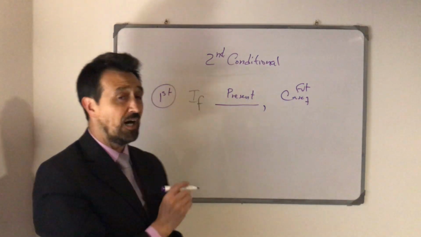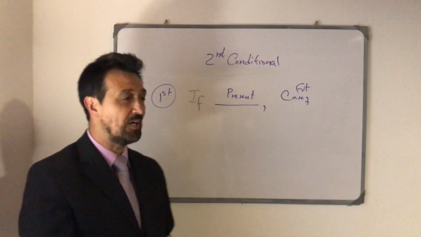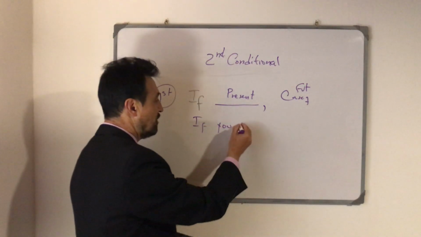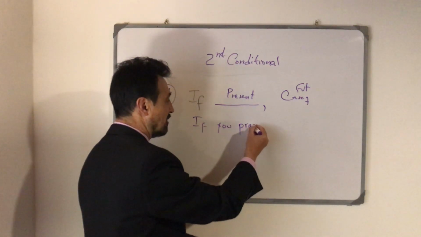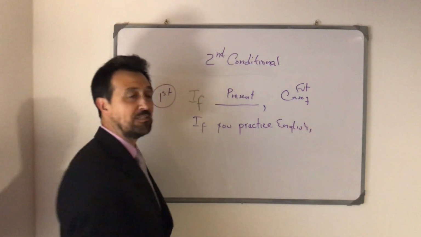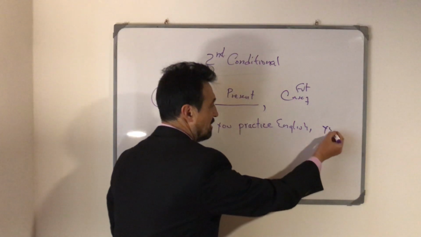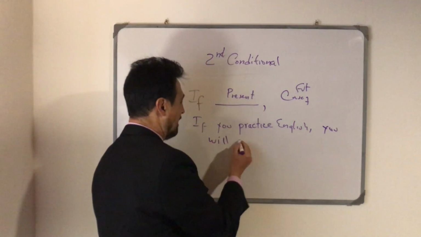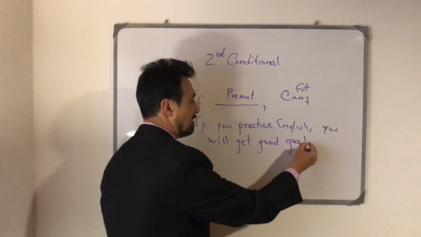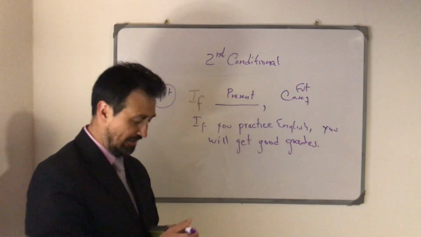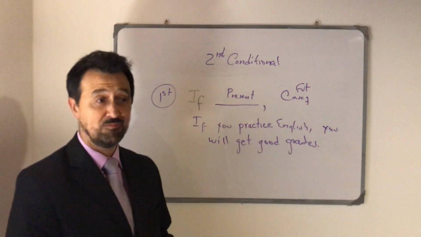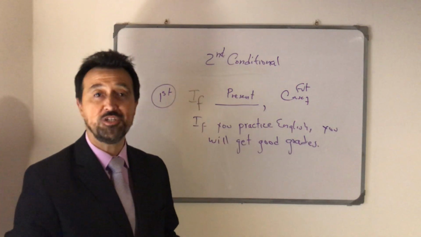I give you one sentence that you can remember. Example: if you practice English, you will get good grades. Obviously, it is normal, it happens, it is possible. For that reason, it's called the first conditional.